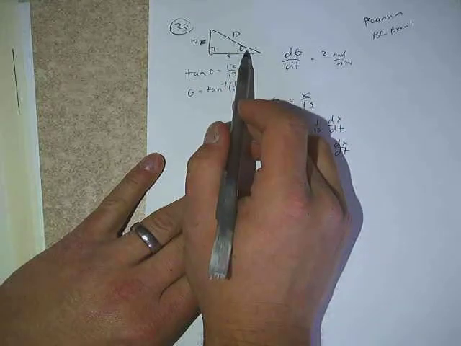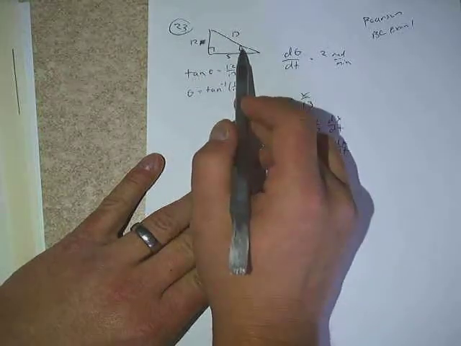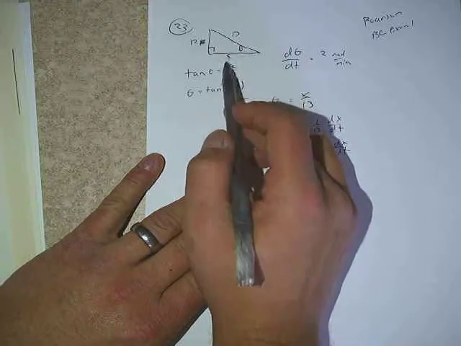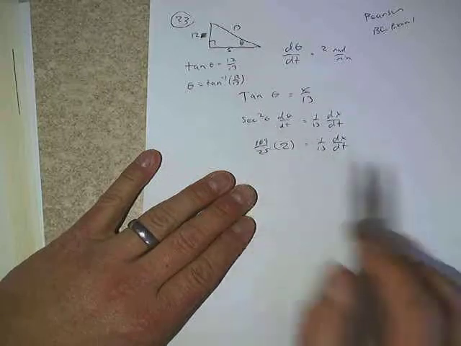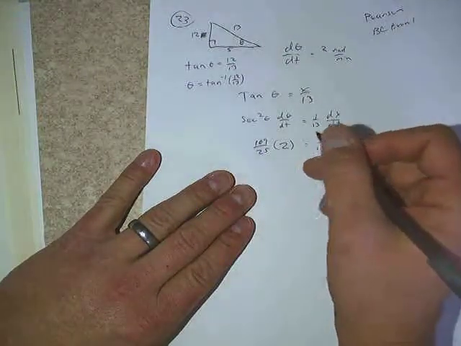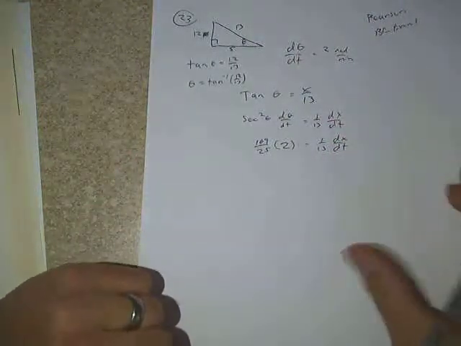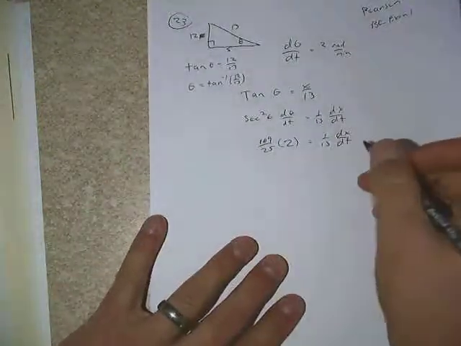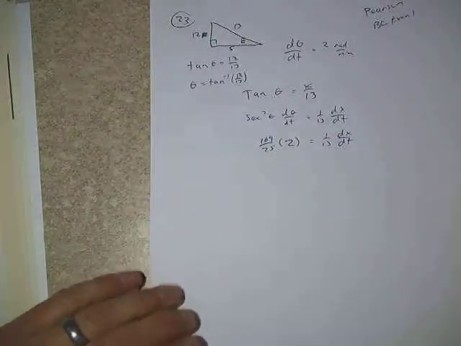So again, if tangent theta in this picture is 12/13, then secant is hypotenuse over adjacent, instead of opposite over adjacent. We're squaring it, secant squared. So we get that. And then ultimately we'd divide by 1/13, or multiply by 13.